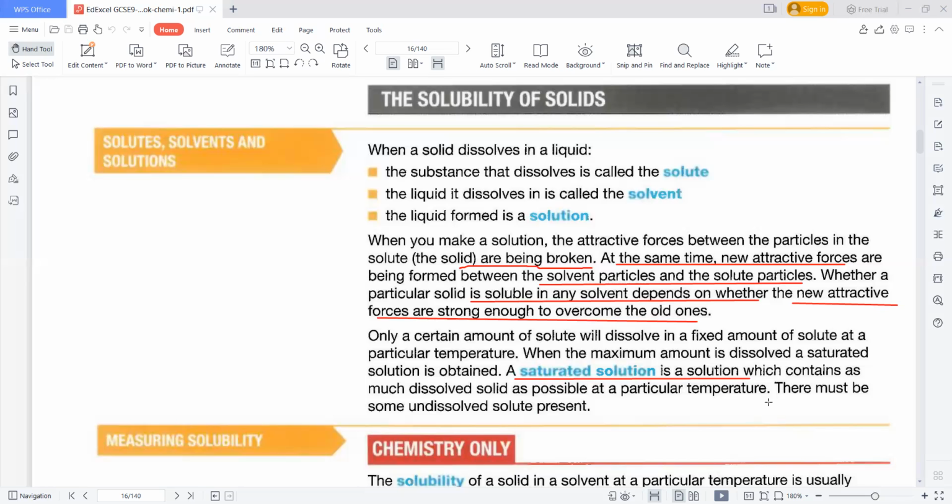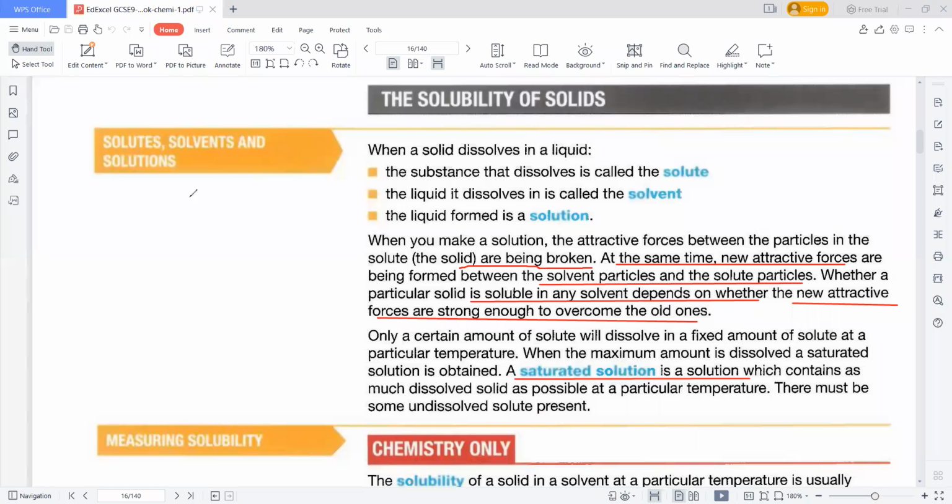We have to change certain conditions: either add more solvent or increase the temperature. At that fixed temperature and concentration, nothing more will dissolve, so the solution is saturated, because under those conditions it has lost its ability to dissolve more solute.